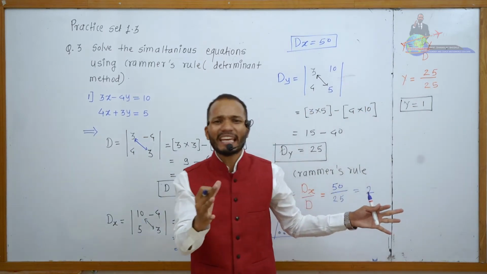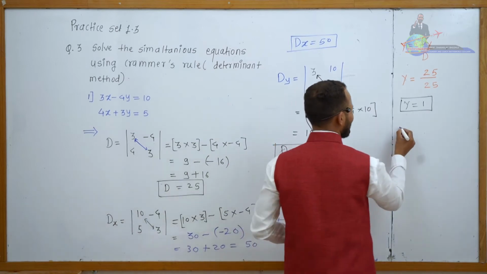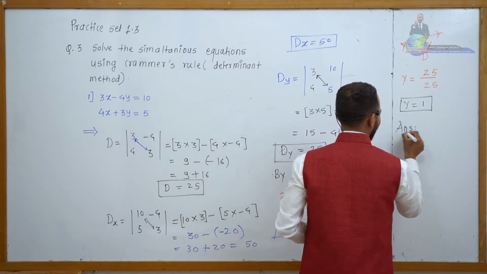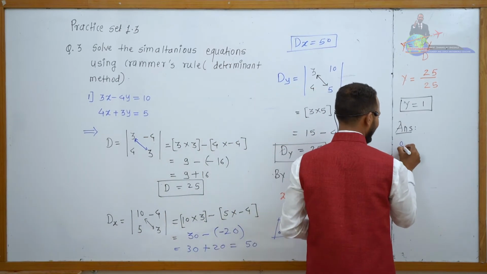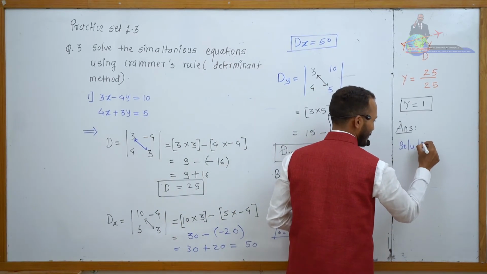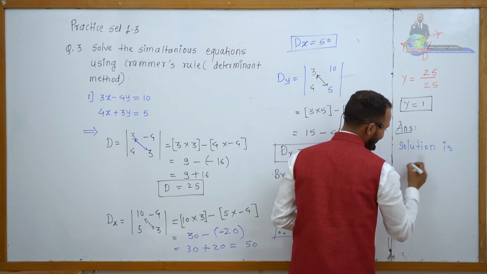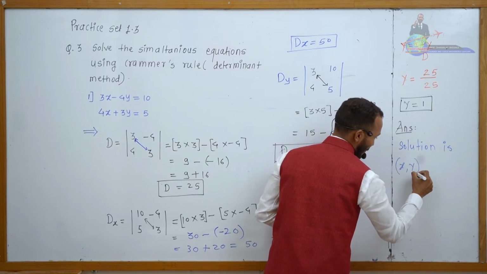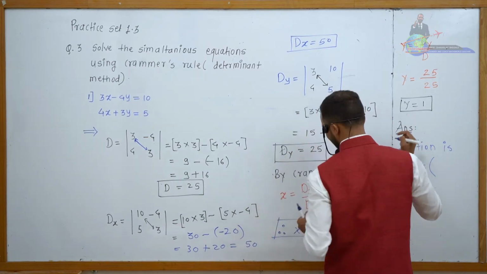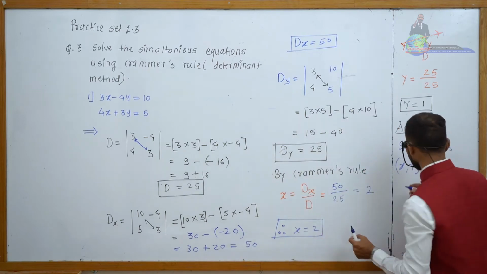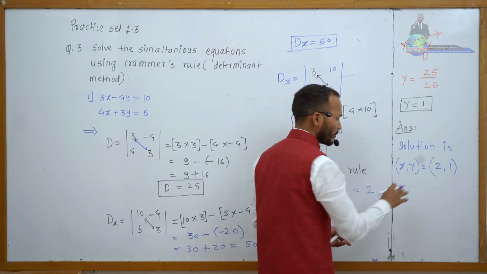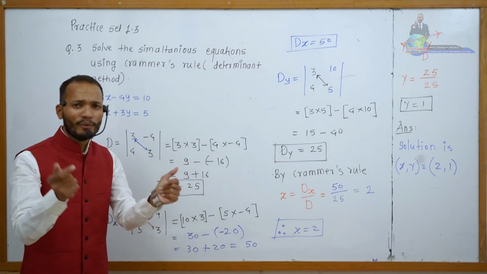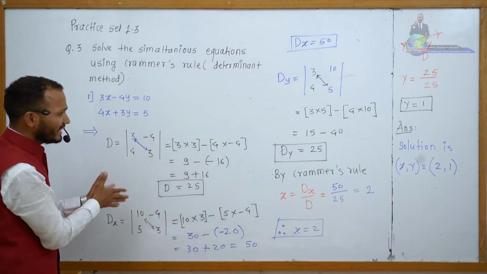मग मस्त पैकी नाव टाका. Answer. Answer नाव टाका स्टुडंट आणि आन्सर लिहून solution is in bracket x comma y equivalent with, what is the value of x? x is 2 and y is 1. So student, this example is finished. How do we write the solution, student?